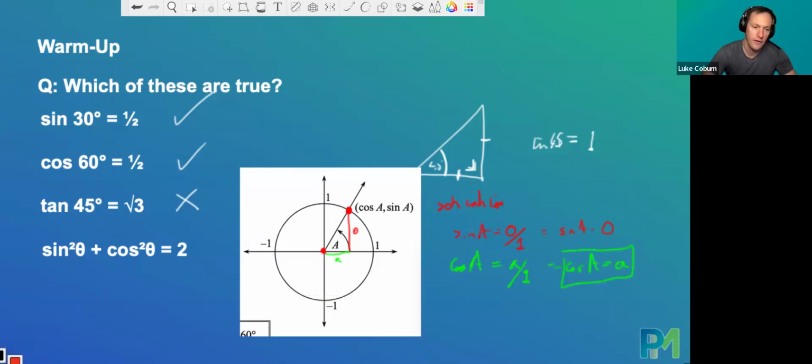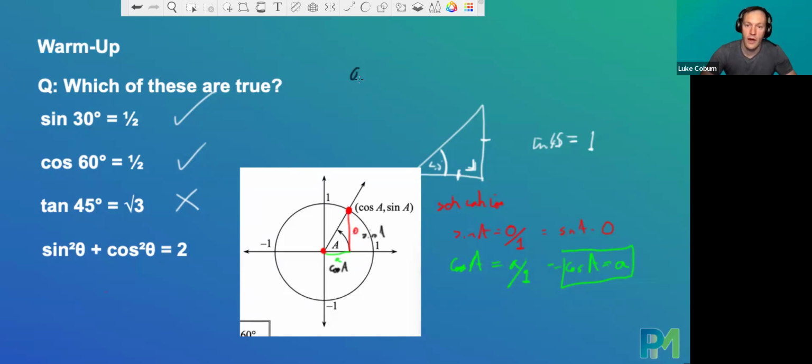So all that says, in other words, is that this side here, the adjacent side, in the unit circle is just the same as cos of A. And this side here, the opposite side, in the unit circle is the same as sine of A. This is a right angled triangle, so this side squared plus this side squared is equal to this side squared.